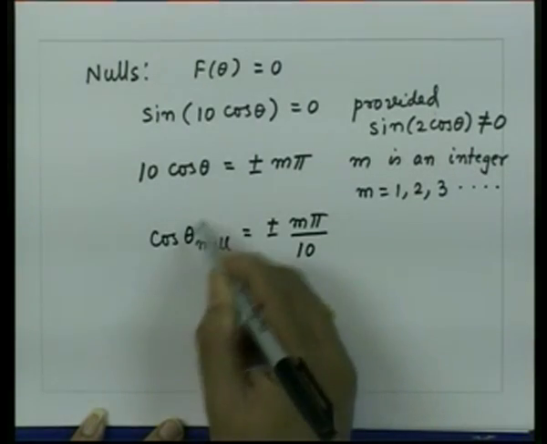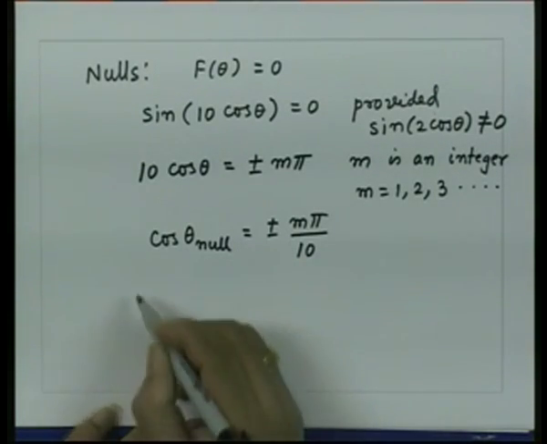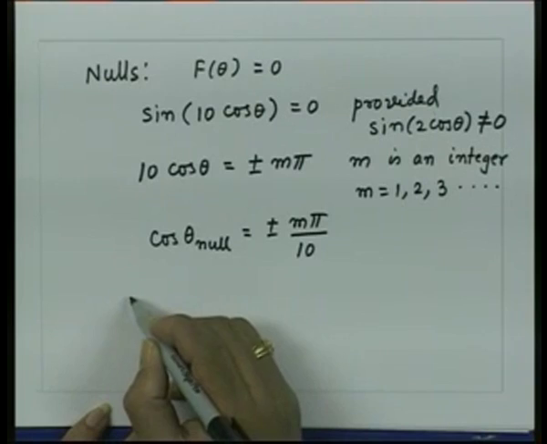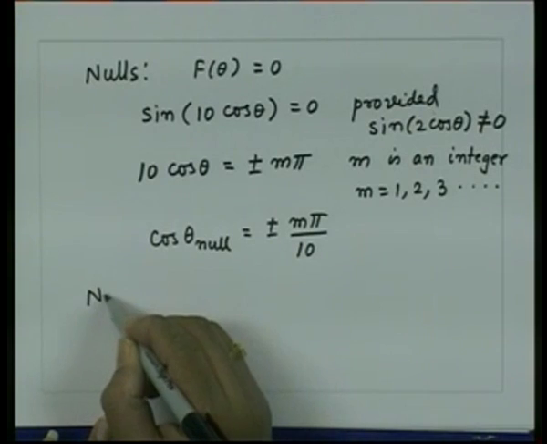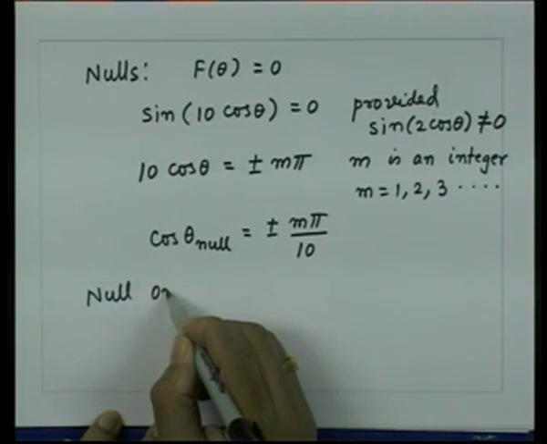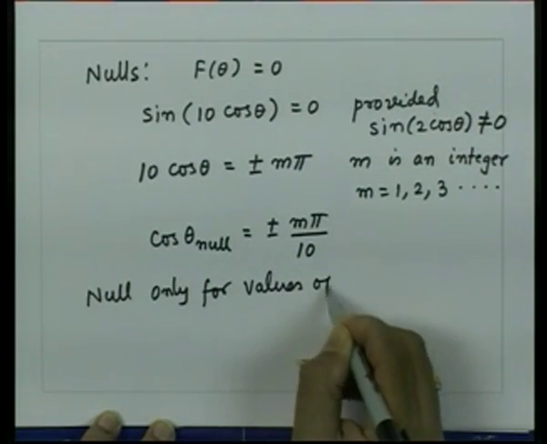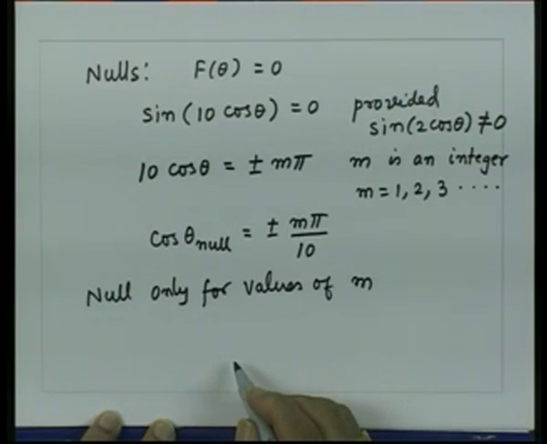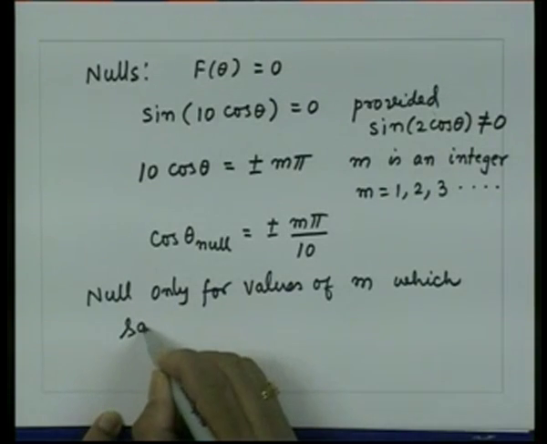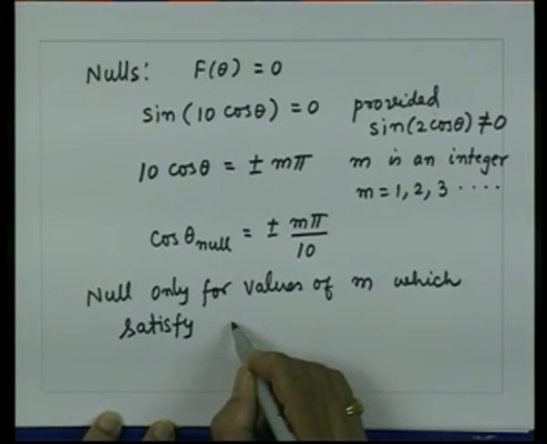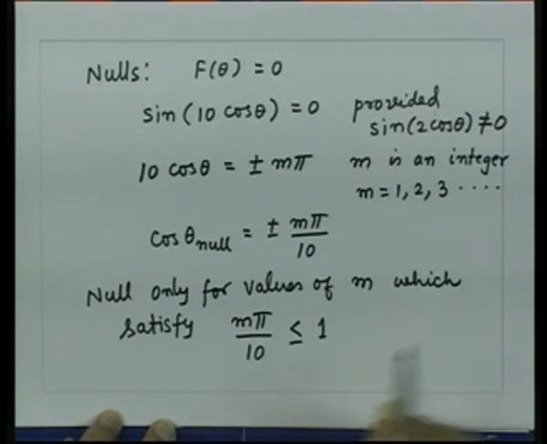So, we have a finite number of angles because this quantity should be less than or equal to 1. So, we get nulls only for those values of m which satisfy m pi upon 10 less than or equal to 1.